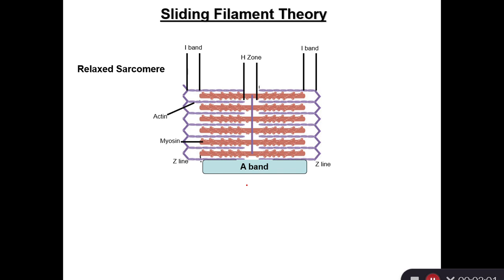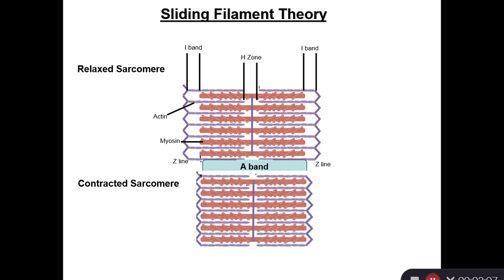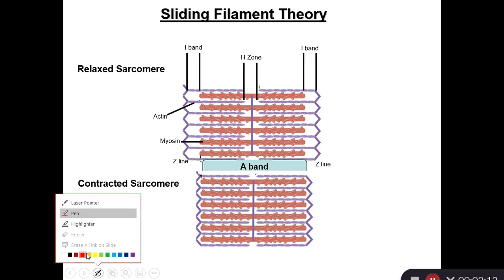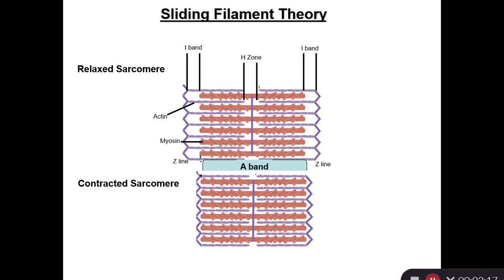So when the sarcomere shortens during the skeletal muscle contraction, what will happen here? So you can see that the A band stays the same. It does not shorten. How about the H zone? The H zone is very narrow.